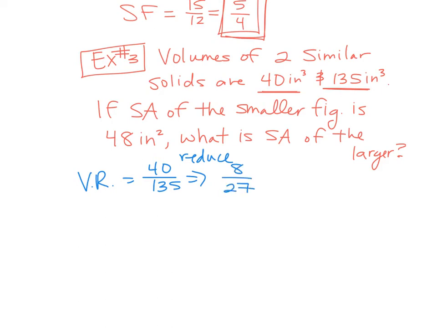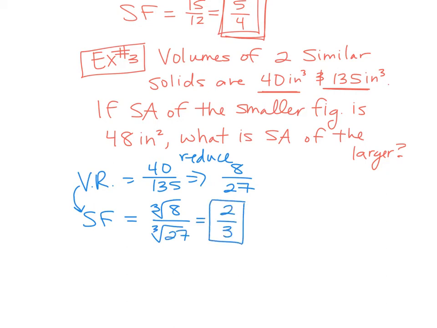Okay, so if that's my volume ratio and I need to get to surface area, how do you get from volume? Well, you can go into the scale factor, which would end up being 2 over 3. Right, so you cannot jump straight from volume to surface area. You need to take it down to the scale factor first, which means you're cube rooting 8 and cube rooting 27, which is 2 to 3.